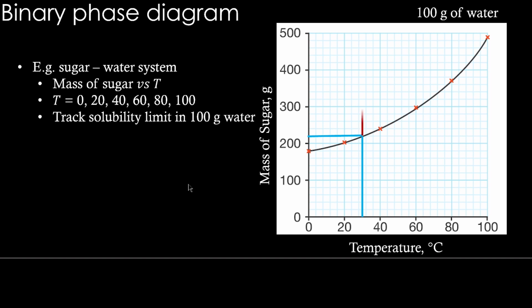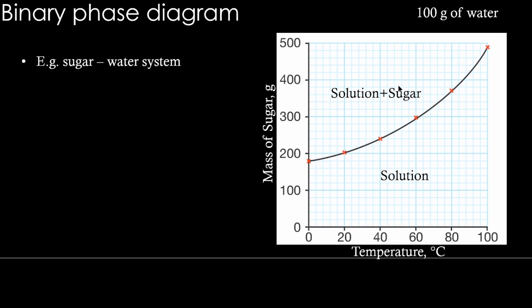And anything beyond that will result in solution plus sugar. Let us demarcate that: in this range we have a single phase solution possible. Anything beyond this line will have solution plus sugar.